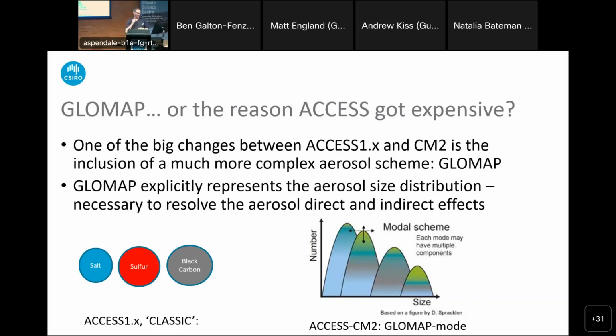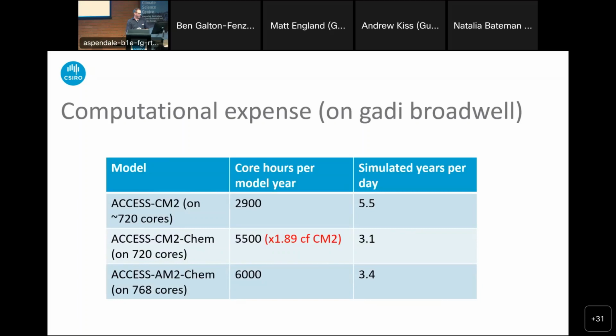They've always been big. And that's because we're not representing a lot of the processes in aerosol. So that's the short version of why it's useful to have the aerosol scheme. It's always useful to have the aerosol connected to the clouds and the radiation and so on and so forth, even if we're not quite getting that uncertainty down as much as we'd like.